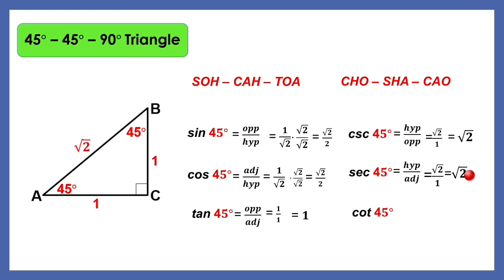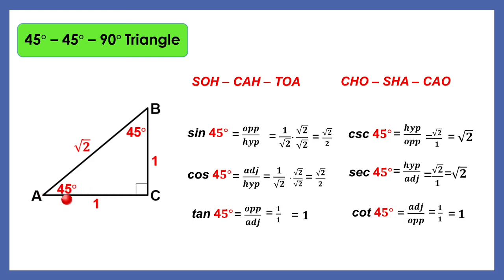For the last ratio, cotangent 45 degrees, we will use Kao, adjacent over opposite. Or, yung inverse nito, adjacent over opposite, 1 over 1. So, yun din yung magiging ratio natin or simply 1. Let's check dito sa ating figure.